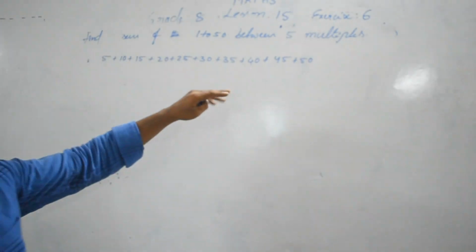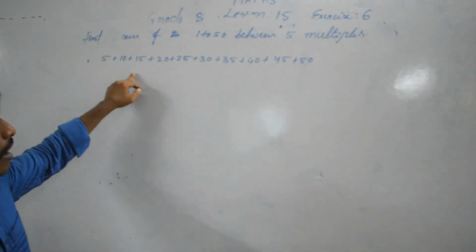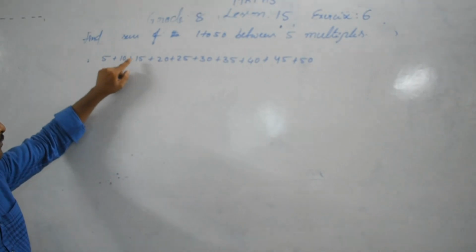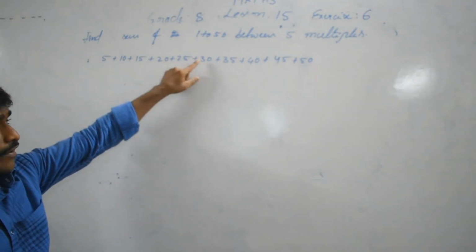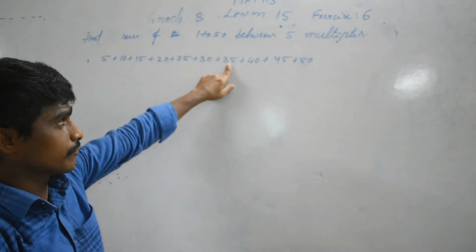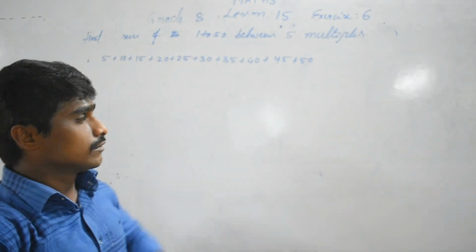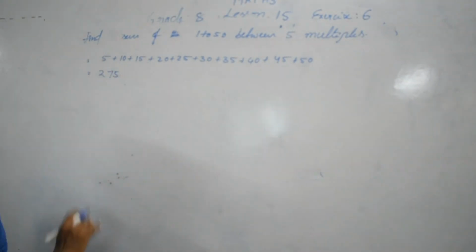So 50 also is a 5 multiple. So here you add all these: 5 plus 10, 15, 15 plus 30, 50, 75, 105, 140, 180, 225, 275. Normally we do this process.